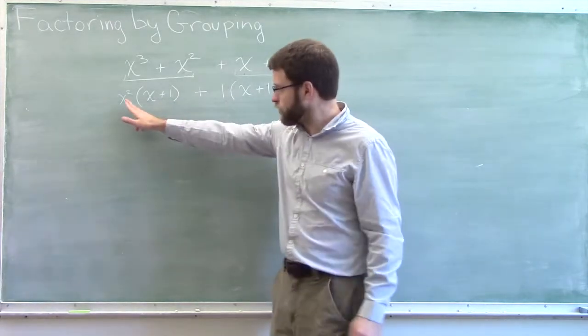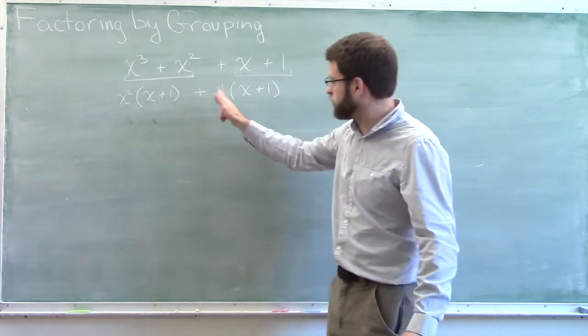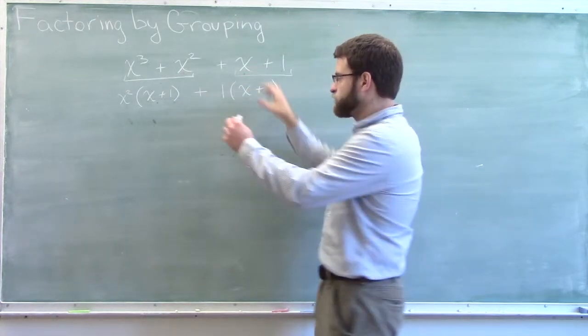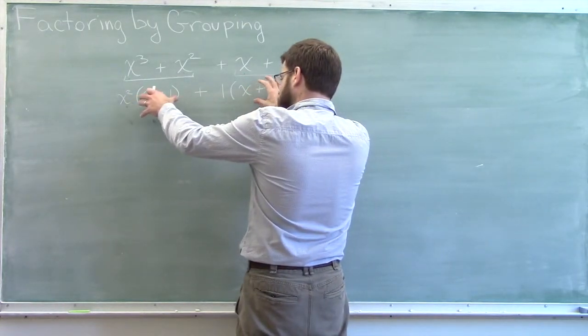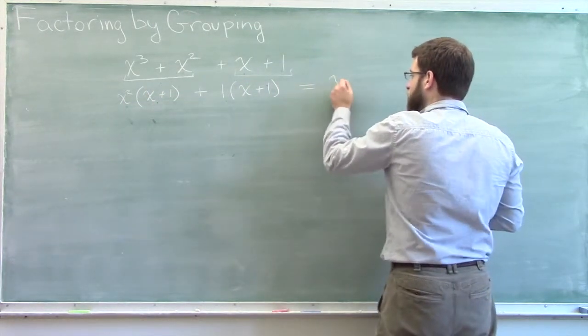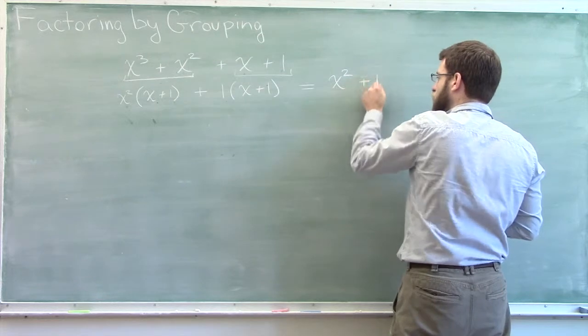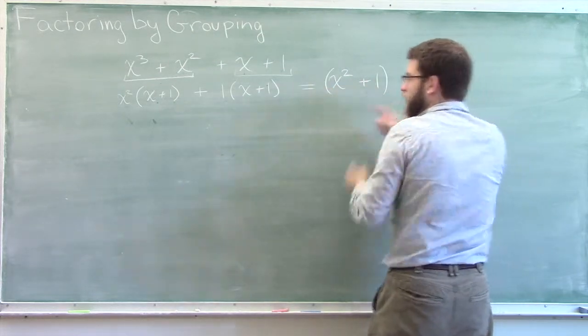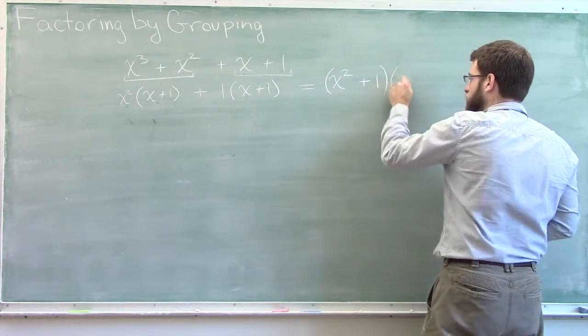So we have x squared times x plus 1 plus 1 times x plus 1. x plus 1 hits both of these using multiplication. So what we're going to do is say that we have x squared plus 1 multiplied by x plus 1.